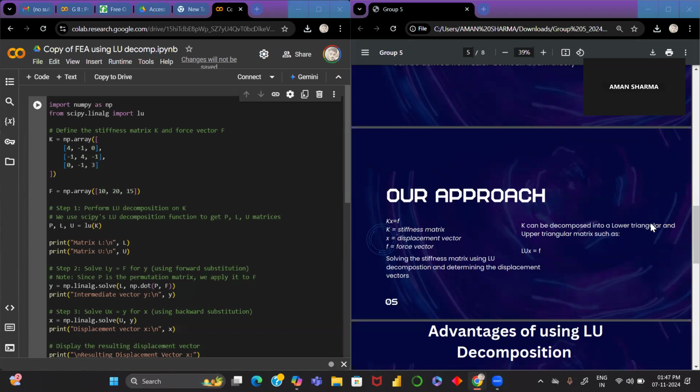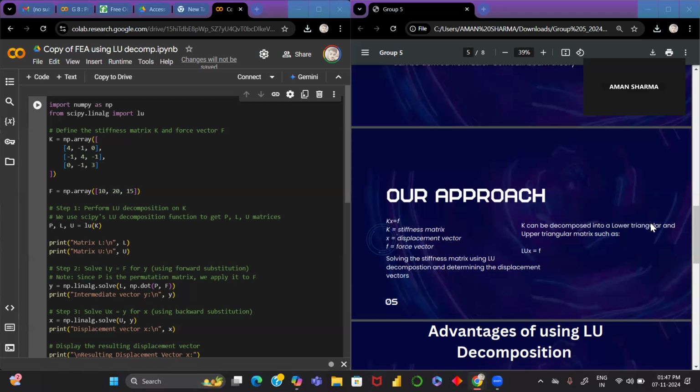Hello, I'm Devika. I will discuss the Python code used for solving structural analysis problems using value decomposition. As mentioned earlier, our formula is Kx = F, where K is the stiffness matrix, that means the resistance of each point to the deformation, F is the force applied to various points, and x is the displacement happening to each point due to the applied forces.